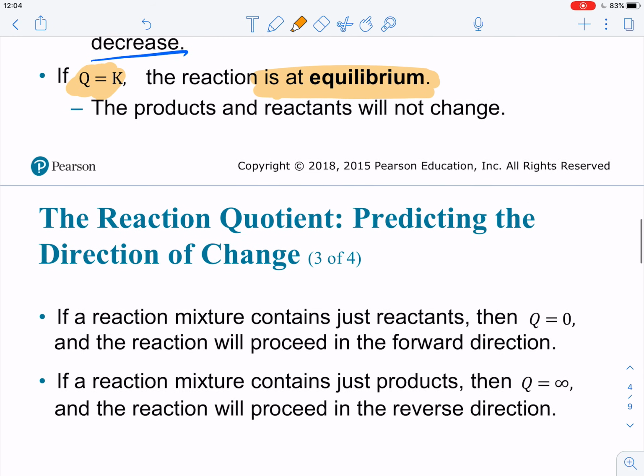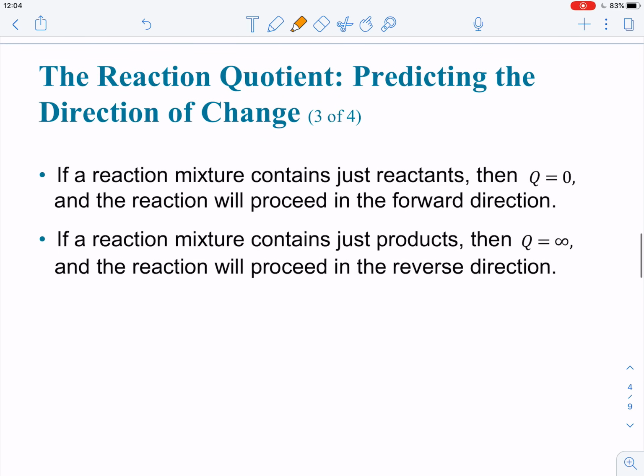So what if you have Q equals 0? And let's go back to our initial, our simple equation. So when is Q equal to 0? Well, either B is equal to 0, most likely, or the concentration of A is extremely large.